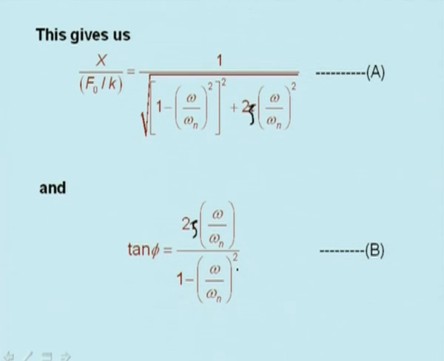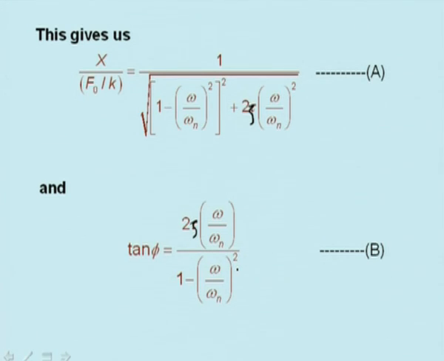Now why have we written this in this form? As we already mentioned, F0/k is the maximum static deflection. So X divided by F0/k gives the ratio of the dynamic amplitude to the static amplitude, or maximum static deflection.